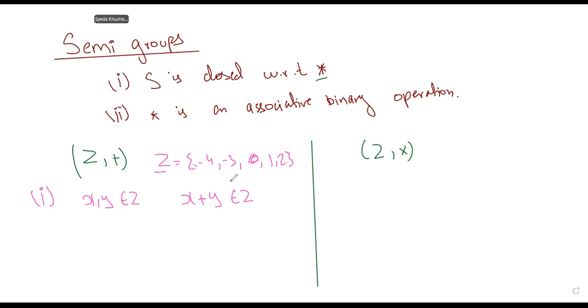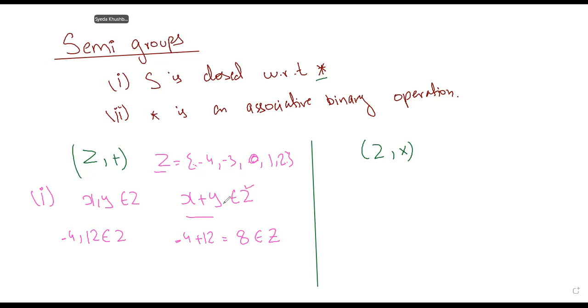If I pick any two integers randomly, let's say -4 and 12, they belong to the set of integers, and -4 plus 12, that is 8, also belongs to the set of integers. This means that if I pick any two numbers randomly, their sum would be in the set of integers.